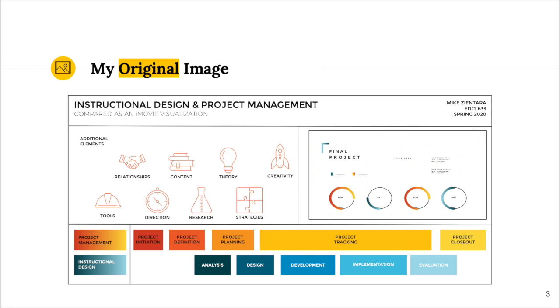And so I wanted to aim for something that was a little bit more intuitive and felt less like separate lanes. The other thing that I noticed was that the additional elements, maybe some of the soft skills and strategies, got lost a little bit and maybe overpowered by some of the chronological frameworks that I was comparing in the project management and instructional design lanes.